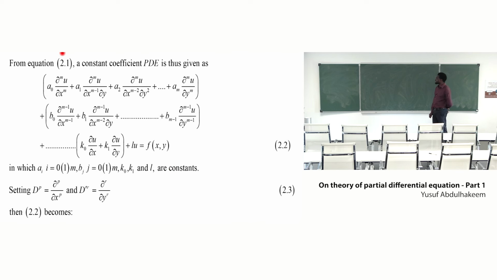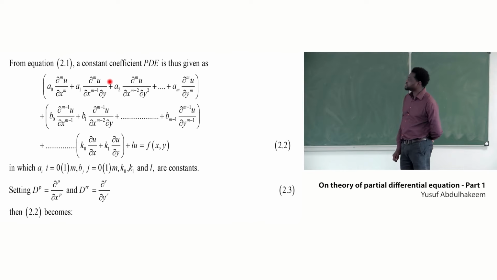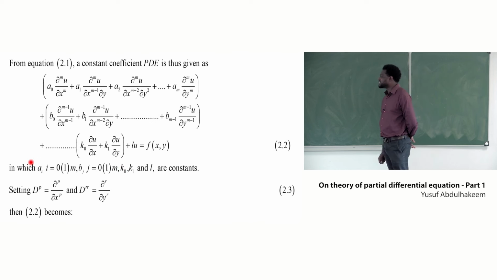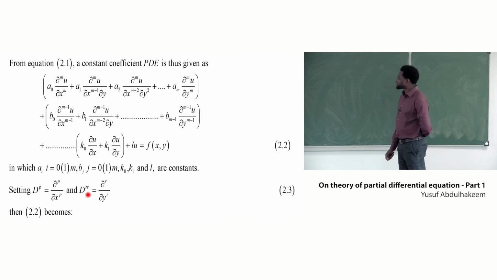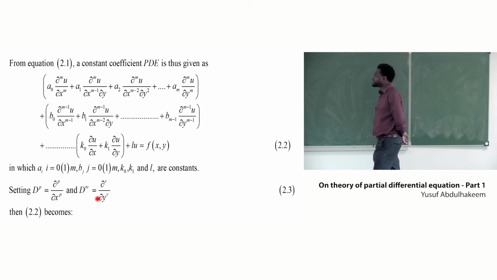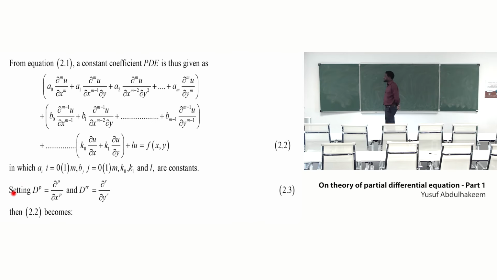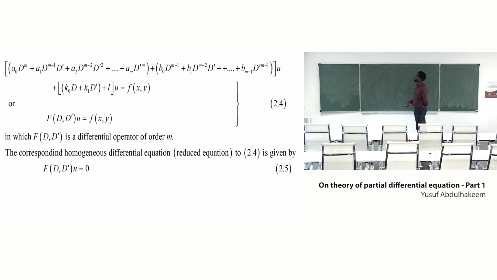So this is an example of a constant coefficient PDE. Supposing now we set the derivative with respect to x to be our D, and we set the derivative with respect to y to be D prime, we can reduce this differential equation into what we have here.